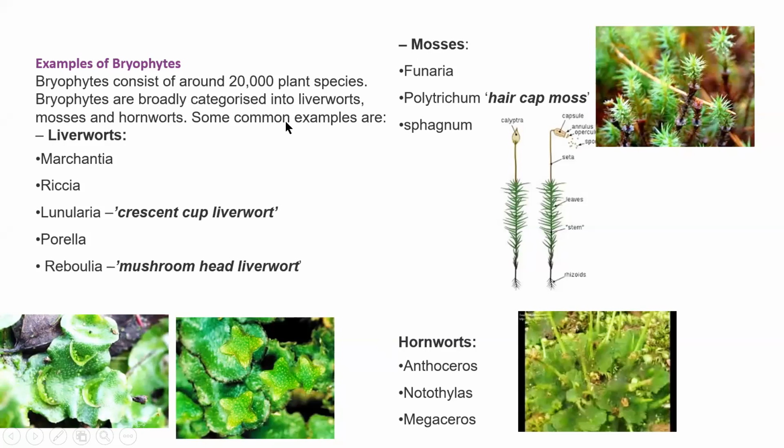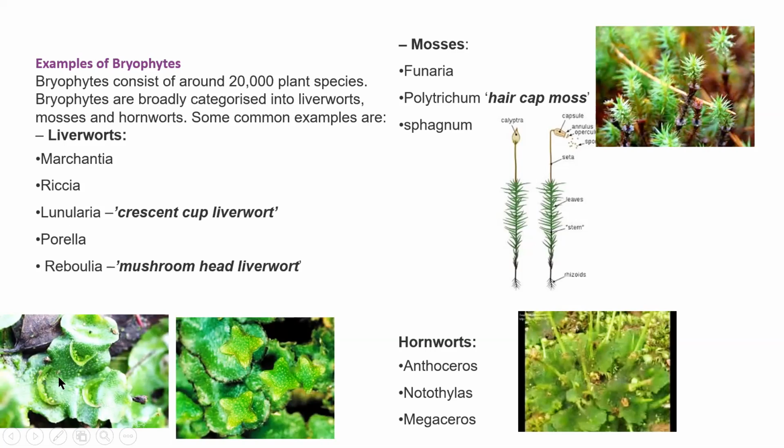So we had seen the distribution in the last class, and very common liverworts are Marchantia and Riccia, which you have studied in your undergraduates. In your syllabus, you have Lunularia, which is commonly called crescent cup liverwort.